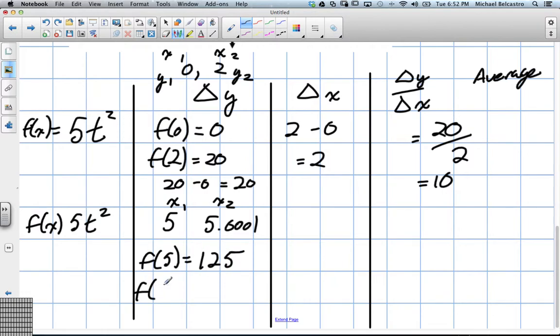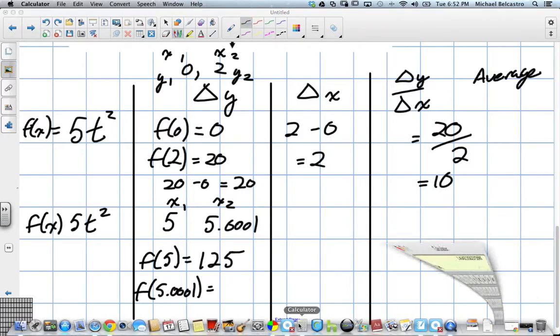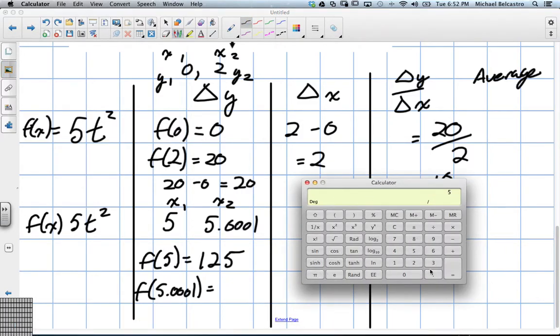This one we'll need a calculator for, because the decimals actually become very important to us. So 5.0001 squared times 5 is, oh, I messed that up. Let's do that again. 5.0001 squared.